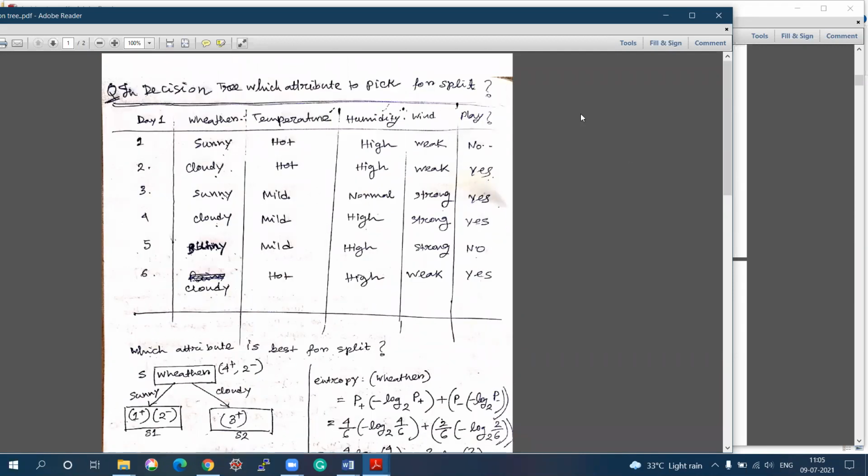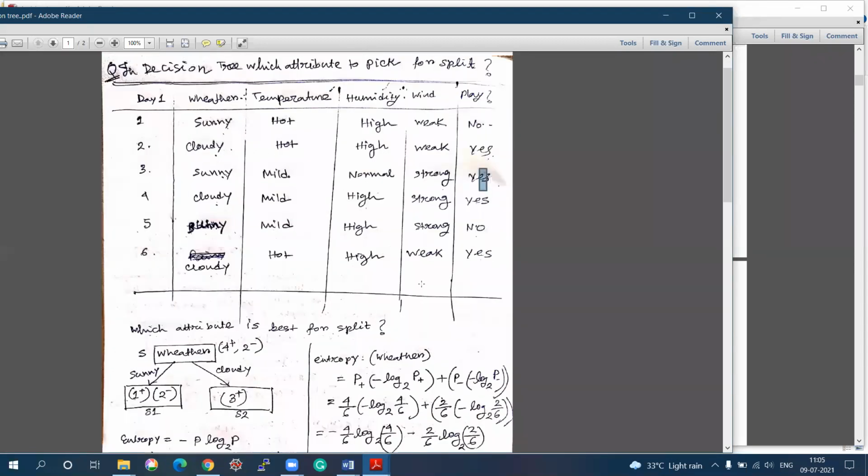Why did we take base 2? Because here we have only two values, yes and no. If there were multiple values, like an example with 3 classes, like the Iris flower dataset we used, it had 3 classes. We had 3 classes, 3 types of flowers. So in that case, if we want to construct the decision tree based on the Iris dataset example, we have to use the base as 3 and not 2.